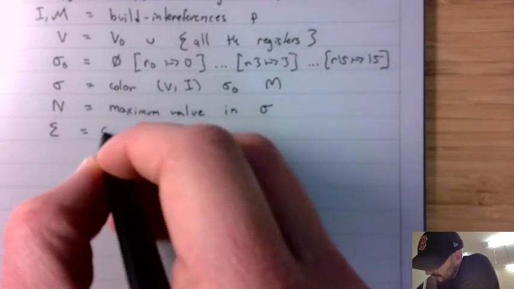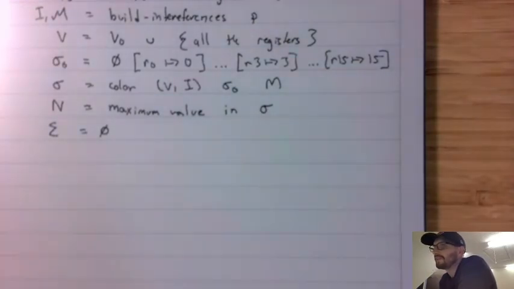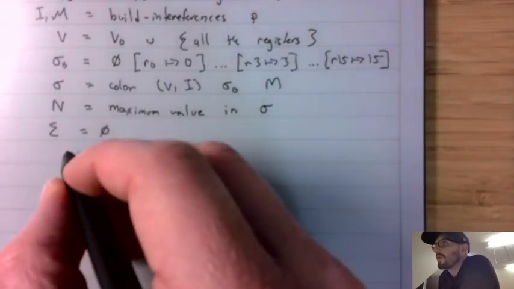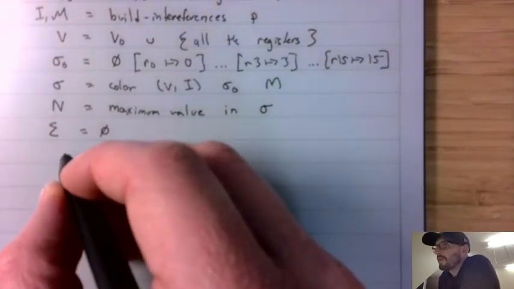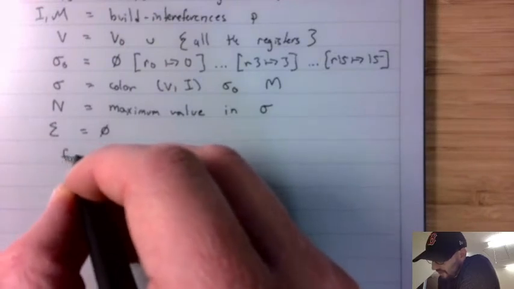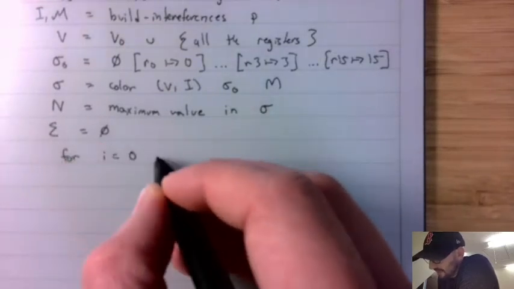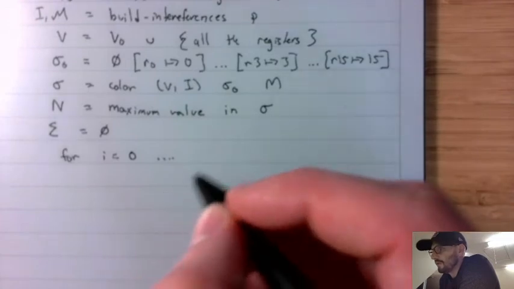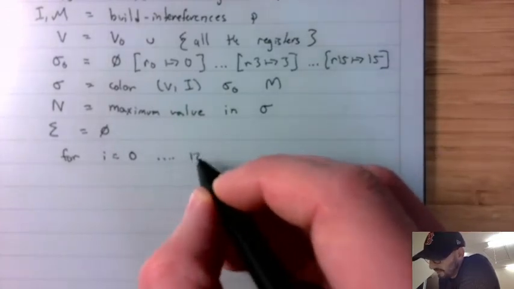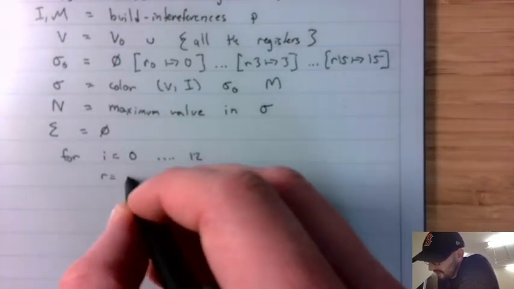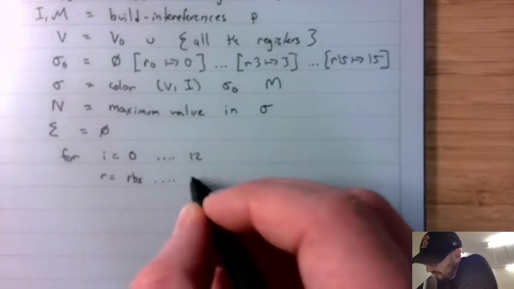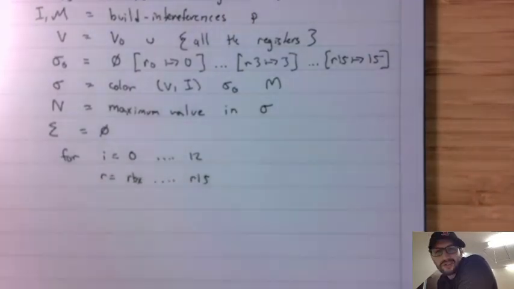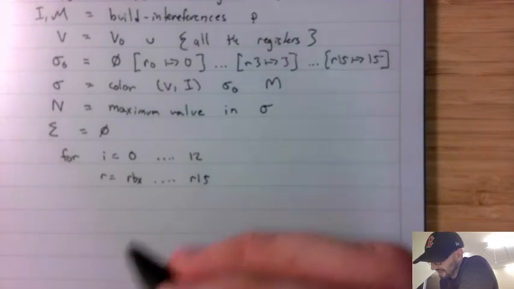And sigma is the following. Sigma starts off as empty. Then for I equals 0 through 12, and R equals RBX through R15, I'm going to do the thing where I assume that RAX doesn't exist.